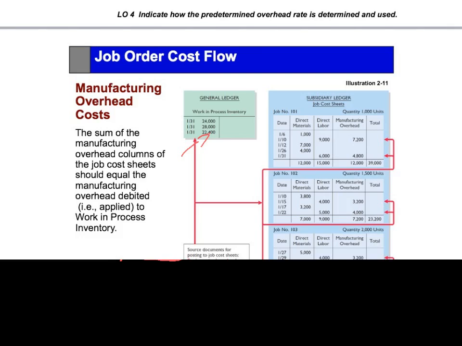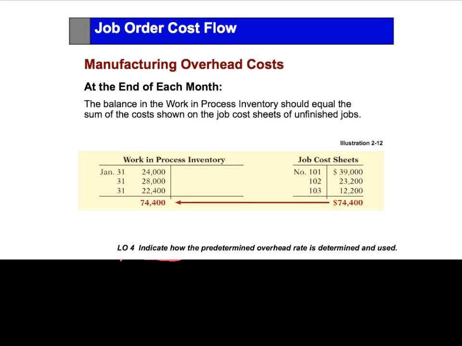No, we're going to do 80%. So this job took 6,000 direct labor dollars. 80% of 6,000 is going to be 4,800 manufacturing overhead. This one took 5,000, so 80%, 4,000 is going to be assigned for overhead of that, and so on. And that's how we assign the cost to the product.